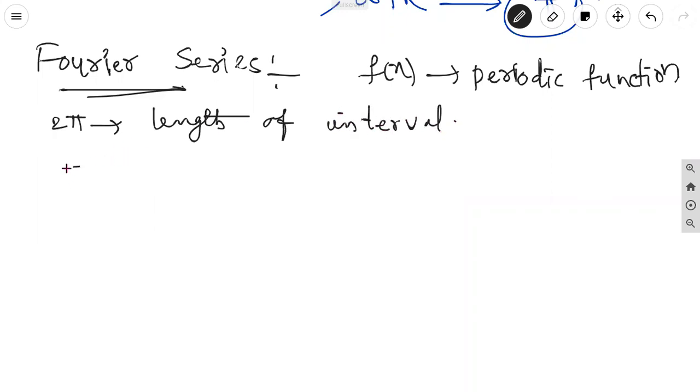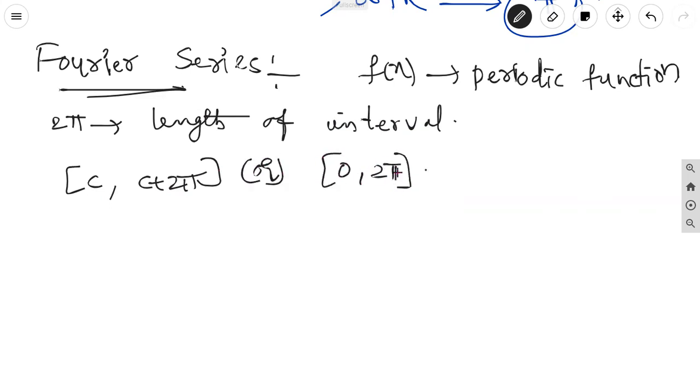We can take the interval whose first element is c, then c plus 2 pi, or simply 0 to 2 pi. Or we define it as minus pi to pi: c to c plus 2 pi, or 0 to 2 pi, or minus pi to pi.